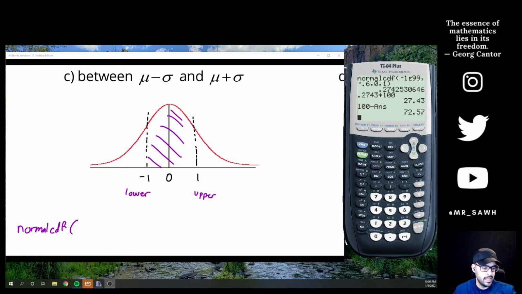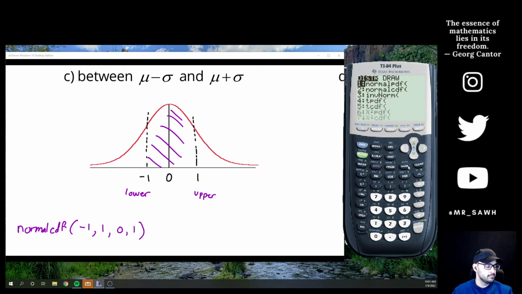Oh, excuse me. And then if I throw all my numbers into there, well, it's the same 4, right? I'm looking for the lower boundary, the upper boundary, standard deviation, and mean. So in the correct order then, lower boundary first, so -1. Upper boundary of 1, mean of 0, standard deviation of 1.